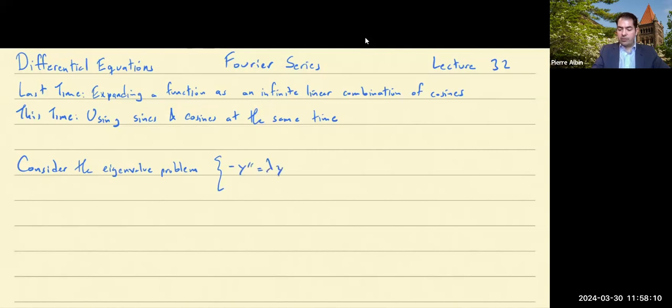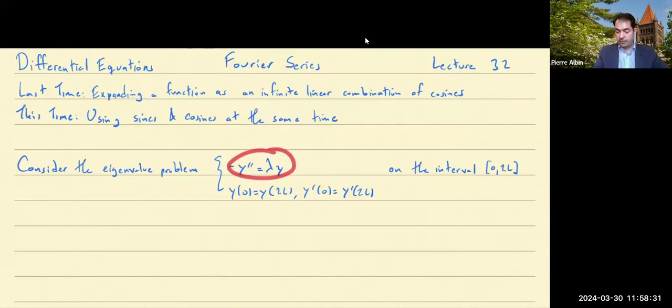And our boundary conditions are going to be y of 0 equals y of 2L, y prime of 0 equals y prime of 2L. And we want to consider this on the interval 0 to L. So we have a second order boundary value problem, so we have two boundary conditions.